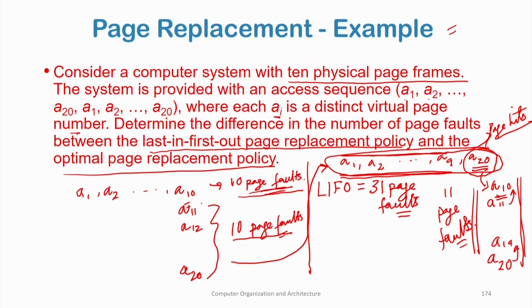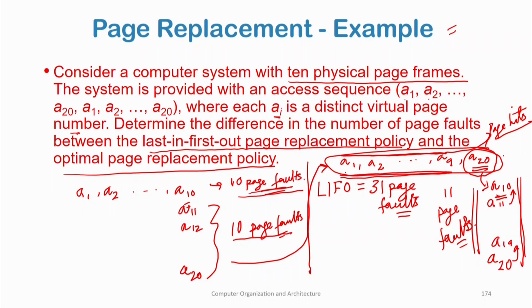It will find out that A1 to A9 will be needed later. So in a similar way as the LIFO strategy, at the end of the first 20 accesses, the optimal policy will also have A1, A2, up to A9 and A20 in the memory. Now A1 to A9 will be page hits.